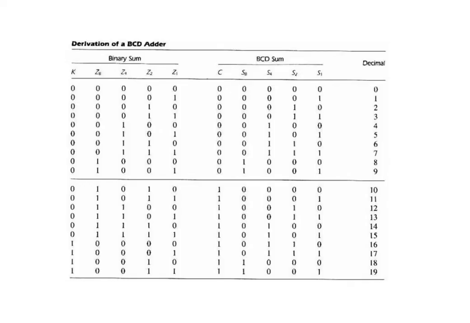This is a table where Z1, Z2, Z4, Z8, where 1, 2, 4, 8 are the weights, and K is the carry out. Basically, the sum is represented by S1, S2, S4, S8, where 1, 2, 4 and 8 are the weights of the sum digits, and C represents the carry out.